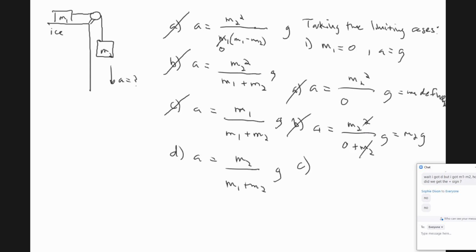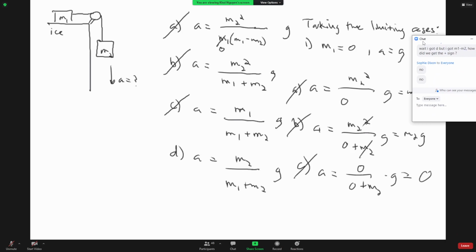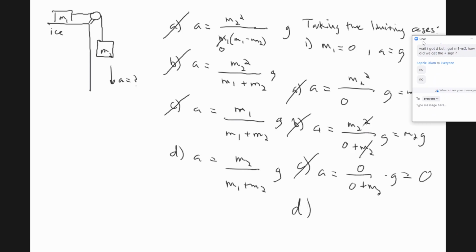C, acceleration is equal to 0 over 0 plus m2 times gravity. This makes acceleration 0. Is that g? No. And D, acceleration is equal to m2 all over 0 plus m2 times g.